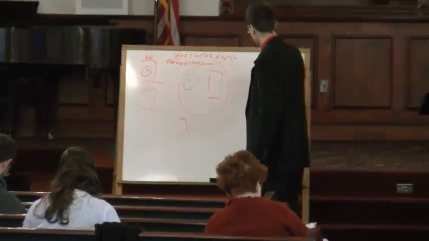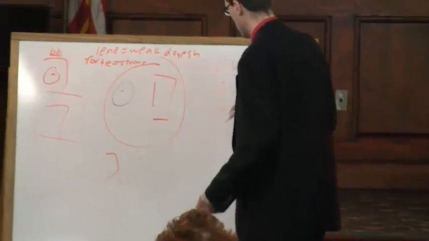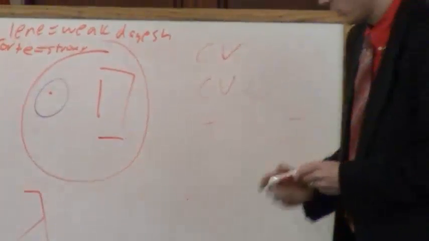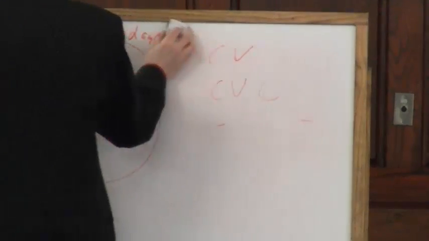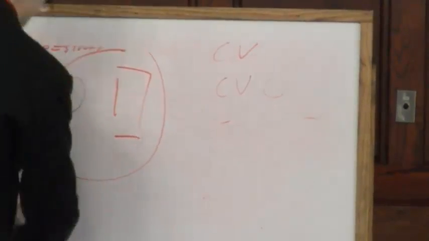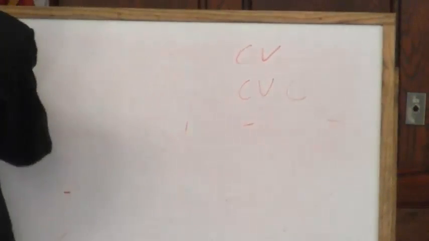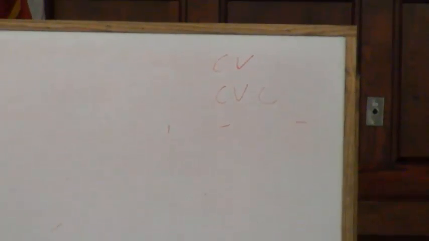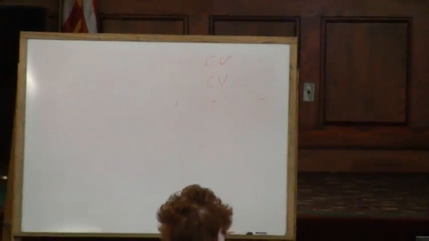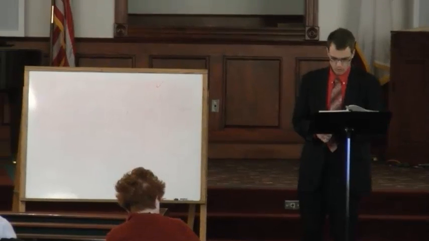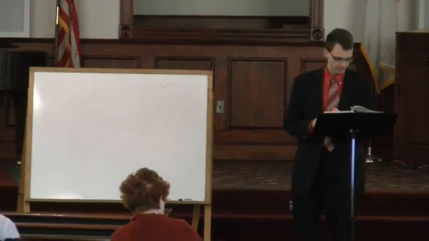A closed syllable is consonant vowel consonant. So consonant vowel, consonant vowel consonant. Open versus closed syllable. And a doubled consonant, a consonant with a dagash forte, you always divide the syllable in the middle.